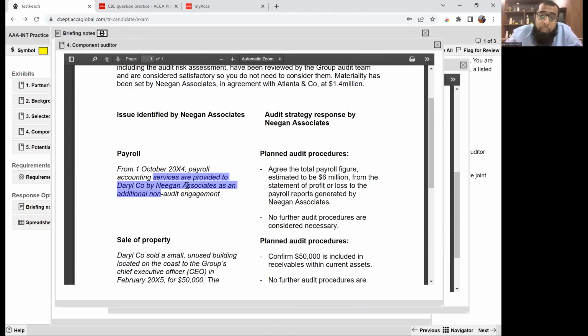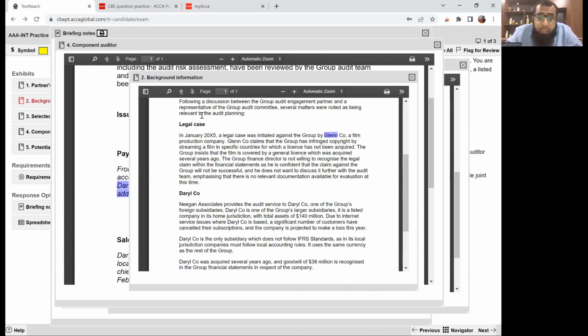Negan Associates audits Darrell Company and they are also providing the payroll services. If you remember, in the background information, it was written that Darrell Company is a listed company. As per the ethical code, providing non-audit services to a listed client is prohibited. And services like payroll, which directly affect the financial statements, obviously are a prohibited activity.